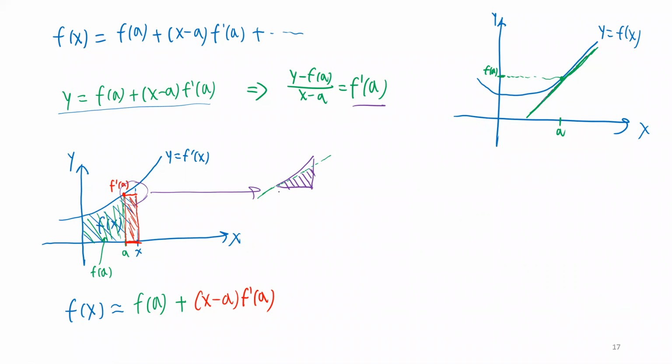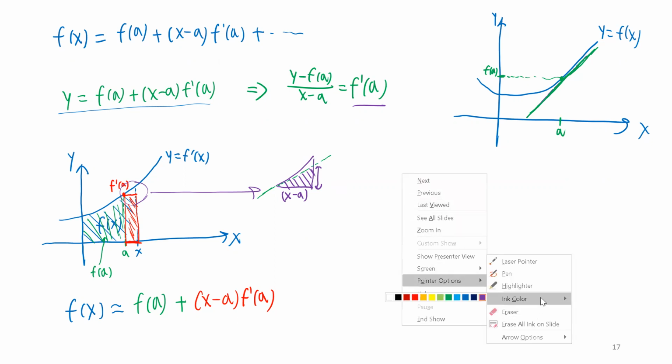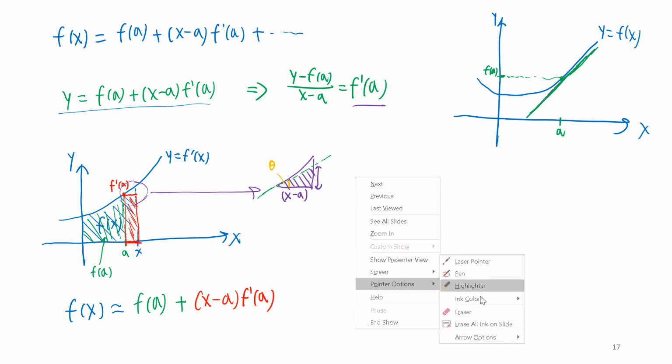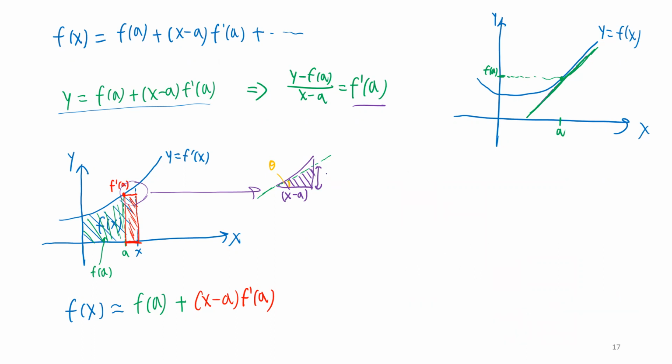I need to find the base width, which again is just x minus A. So what about this height over here? To find this height, I need to find out this angle, which I call theta. And the height over here is actually x minus a times tangent theta.